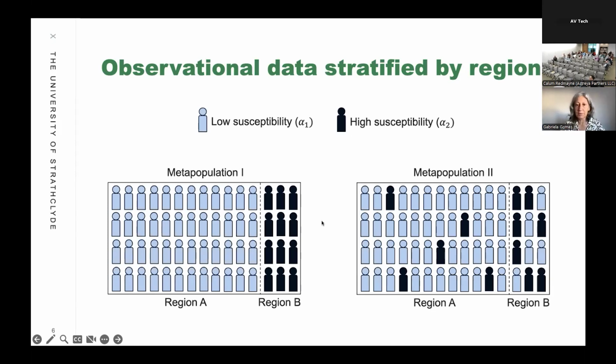The way I think we are able to get these inferences of the distributions is by having stratified data. It could be observational data stratified by region or something else, it doesn't need to be region, or experimental data, and we can conduct the experimental studies in a stratified way that will enable us to infer the susceptibility distributions.